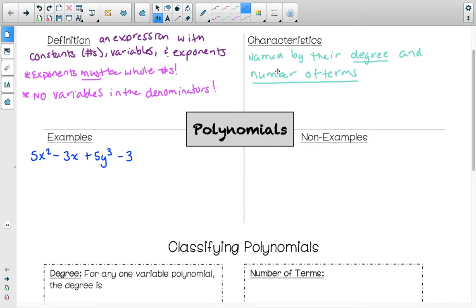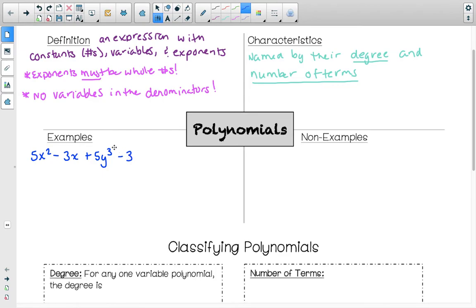Now, if I were to name this using its characteristics, I would need to find it by the degree, which is the highest value of the exponent. This has an exponent of 2, an exponent of 1, an exponent of 3, and an x value with an exponent of 0, meaning x to the 0 is equal to 1, and that'd be negative 3 times 1.